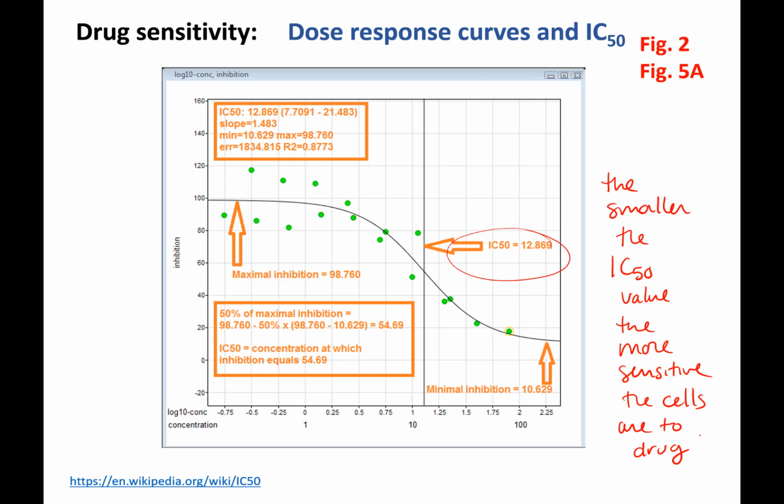Okay, so what they're going to do is they're going to look at that alisertib drug and see what its effect on cell proliferation, cell death is. And if it takes less and less of that drug, right, over here on your concentration, it's going to have a smaller IC50 value.